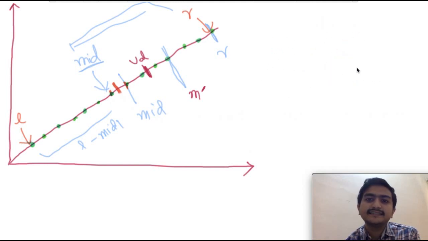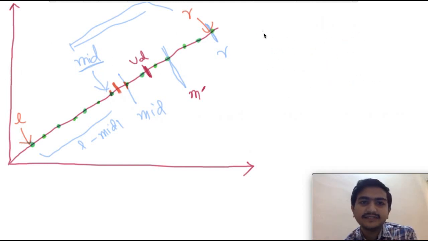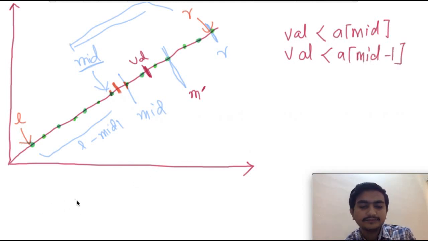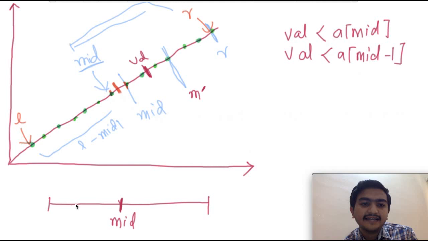Then different cases arise. If your value is less than a of mid, and it is less than a of mid minus 1 as well, when it is less, just take one less value. What I'm trying to do is, if this is a of mid, then I'm checking with mid minus 1 and mid plus 1.